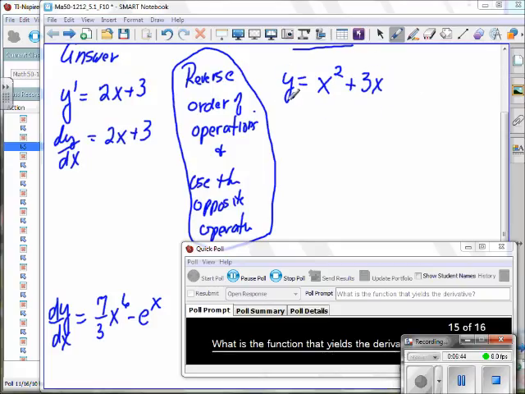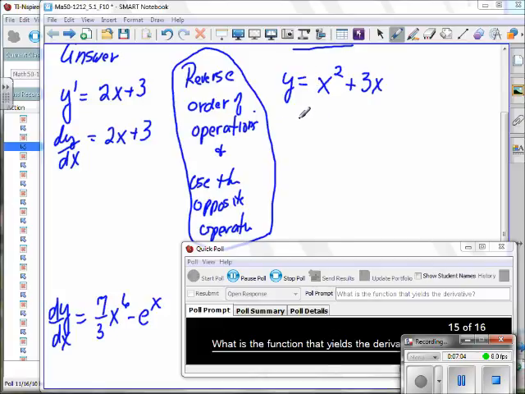Let's talk about what is our process for finding the derivative. Can you put it into words, the process? The first thing you do is, yeah, Emma? Times the coefficient of 1 times the exponent.